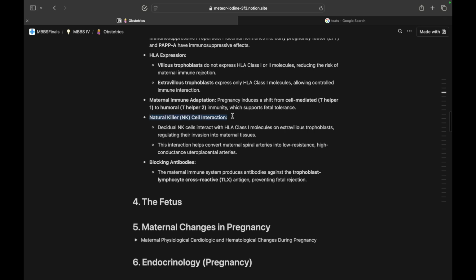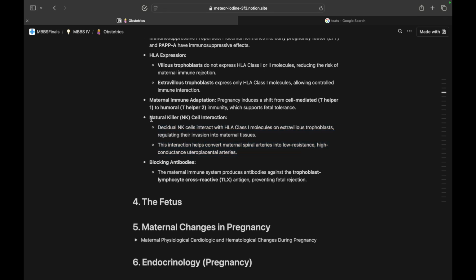Next, coming to natural killer cell interaction. Decidual natural killer cells interact with HLA class 1 molecules on the extravillous trophoblast, regulating their invasion into the maternal tissue. This interaction helps convert maternal spiral arteries into low resistance, high conductance uteroplacental vessels.